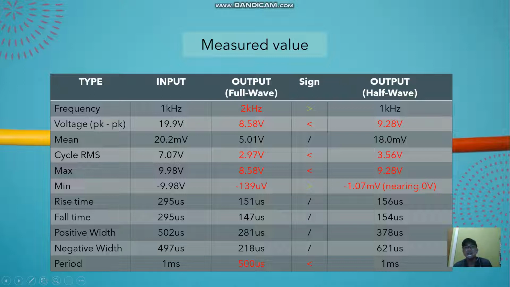If we compare the output of full wave and half wave, we find that the frequency and the minimum voltage of full wave are slightly greater compared to the half wave. But the V peak to peak, cycle RMS, maximum and period of full wave are less compared to the half wave. And the most important thing we want to mention is why the peak to peak voltage produced by the half wave is slightly greater compared to the full wave.